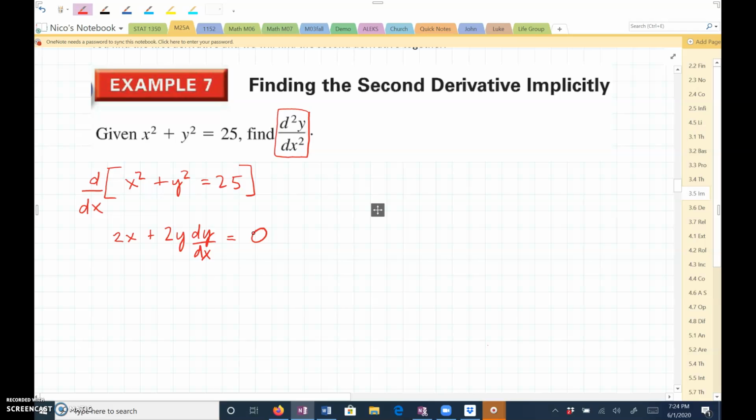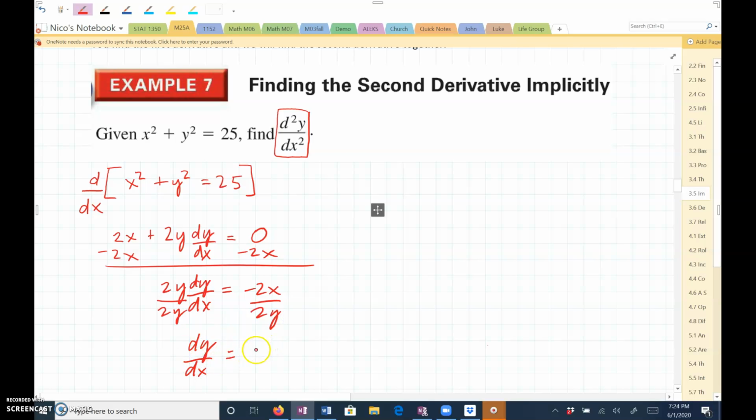Now I'm going to solve for dy/dx. So I'm going to subtract 2x from both sides, and I get 2y dy/dx equals negative 2x. Then I'll divide both sides by 2y, and I'll end up getting dy/dx equals negative x over y.